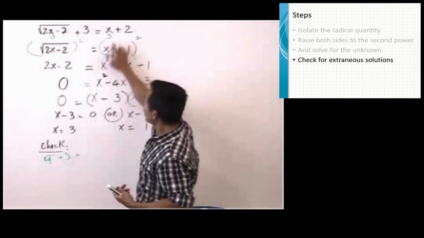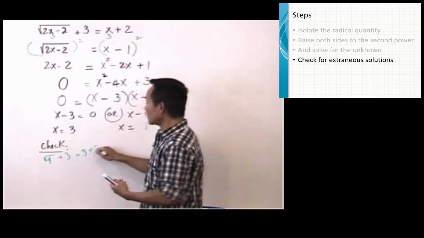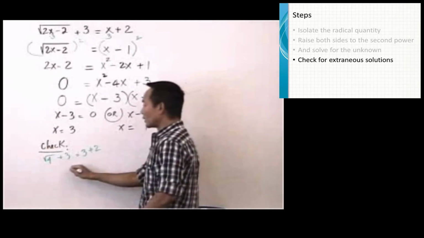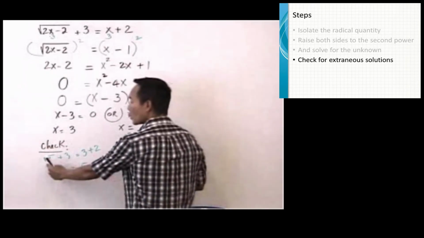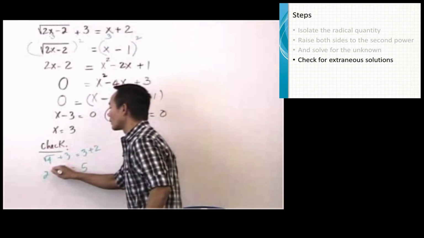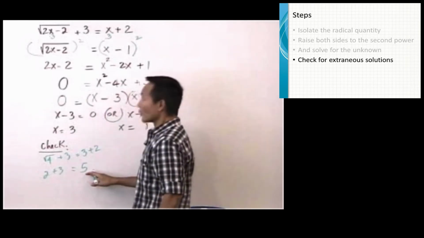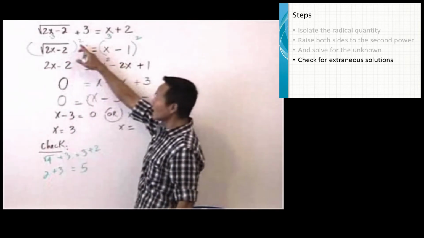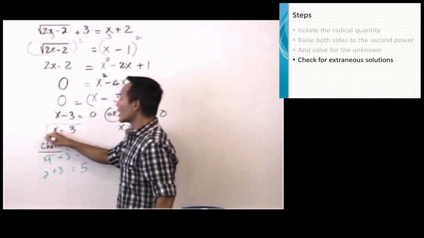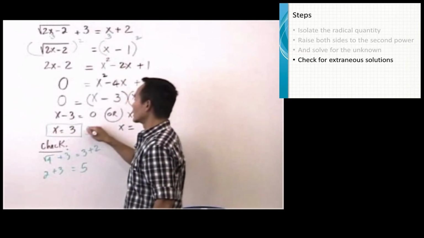And on the right, I have 3 plus 2, which is 5. Here, square root of 4 is 2, plus 3 is also 5. So therefore, it checks the equality of the equation. So this solution is good.